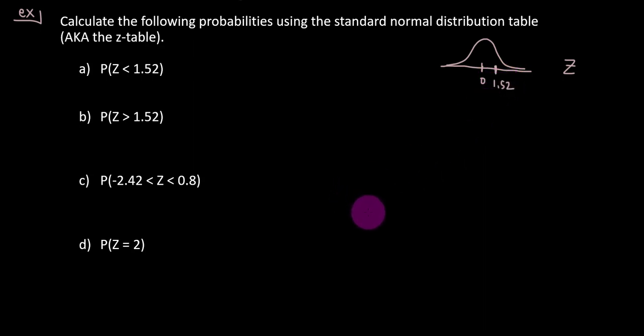And I want to represent the region, the desired area. Remember, this says the probability that Z is less than 1.52. So I'm going to shade to the left here. Awesome. Just looking at this image, I can tell that more than half is shaded, right? So our solution definitely is going to be larger than 0.5. Okay, so we're just going to go to our Z table to find this out. Here we go.